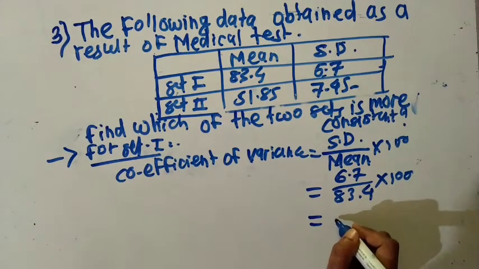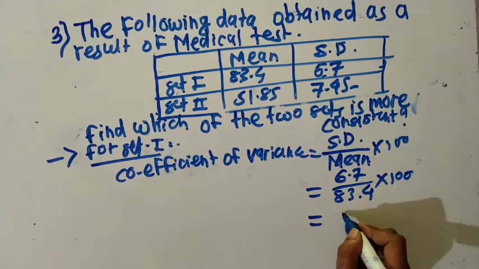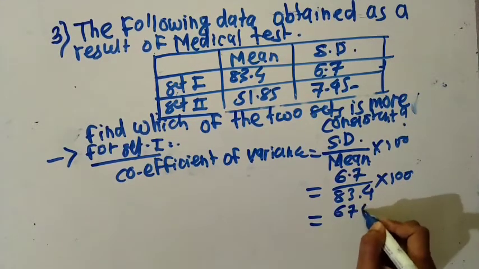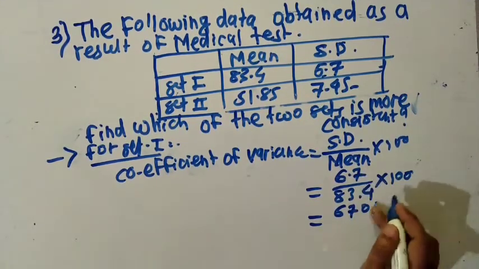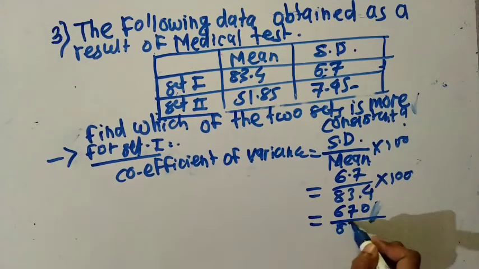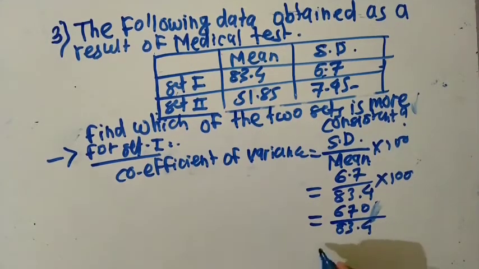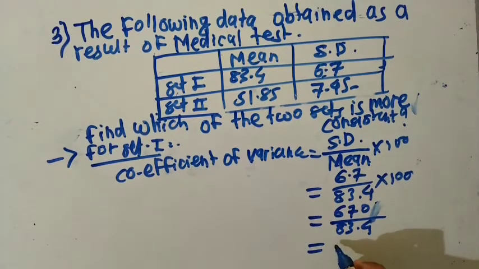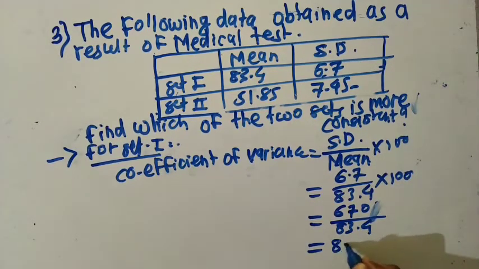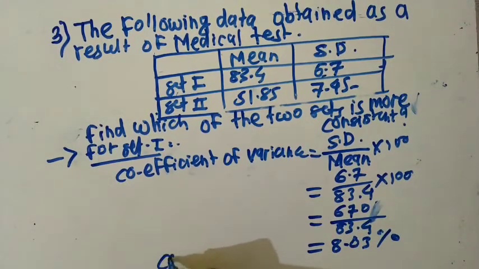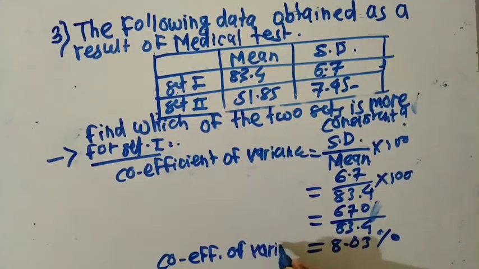means 670 upon 83.4, which is equal to 8.03%, the coefficient of variance for set 1.